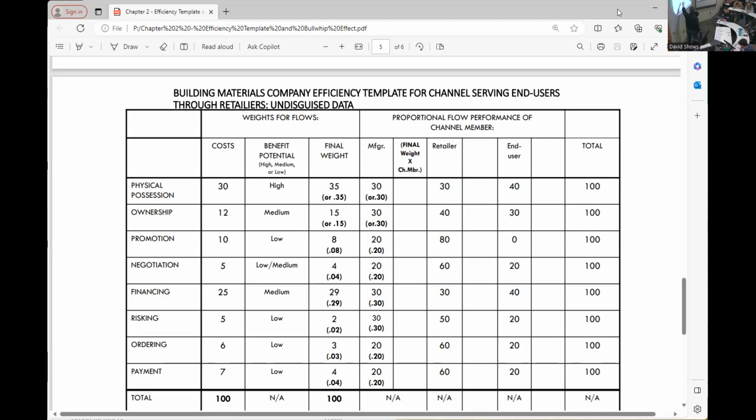It says this, that based upon our calculations, based upon the value that the manufacturer brings in this channel environment, they should receive 28.1% of all profits. That's what it means. That is the normative profit share.